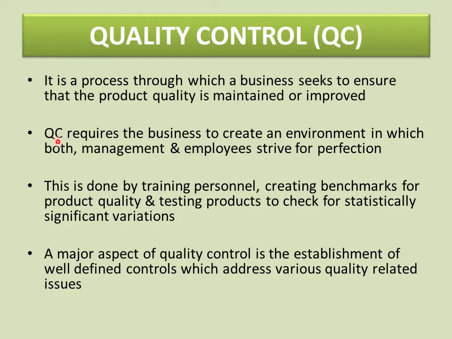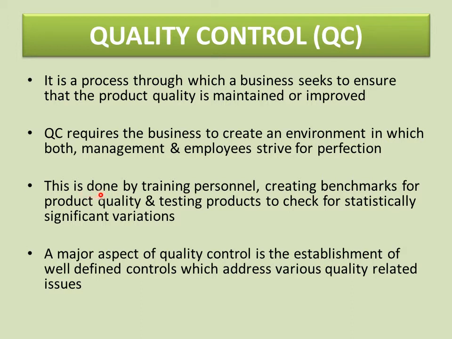So quality control requires the business to create an environment in which both management and employees strive for perfection. So it requires to create an environment in which everyone involved, including both management and employees, and all of them work hard to get perfection, mean to design the product which is perfect in its characteristics.